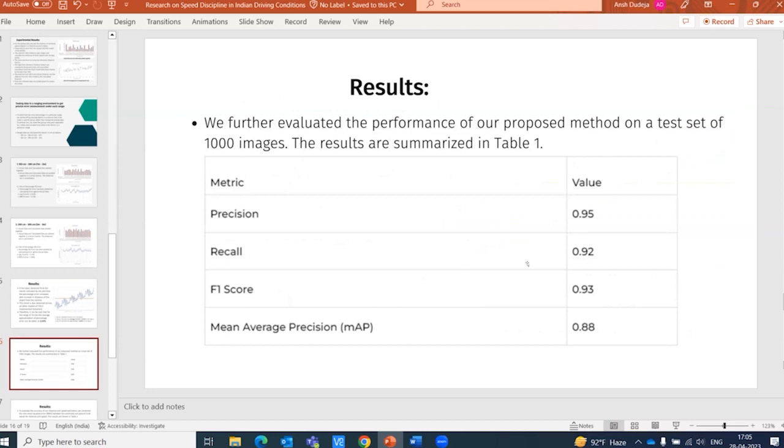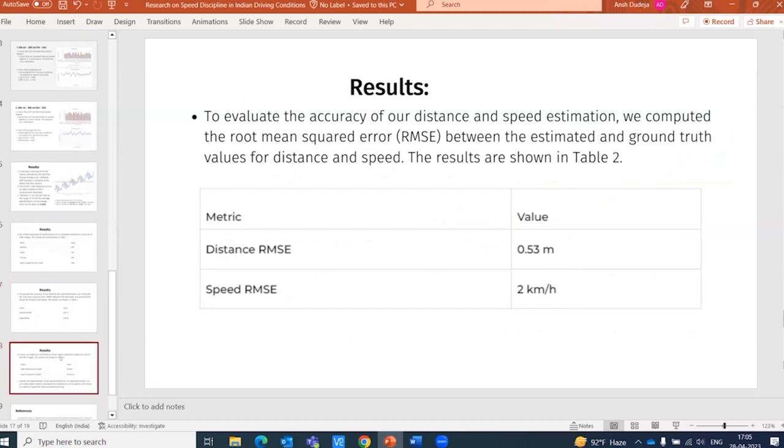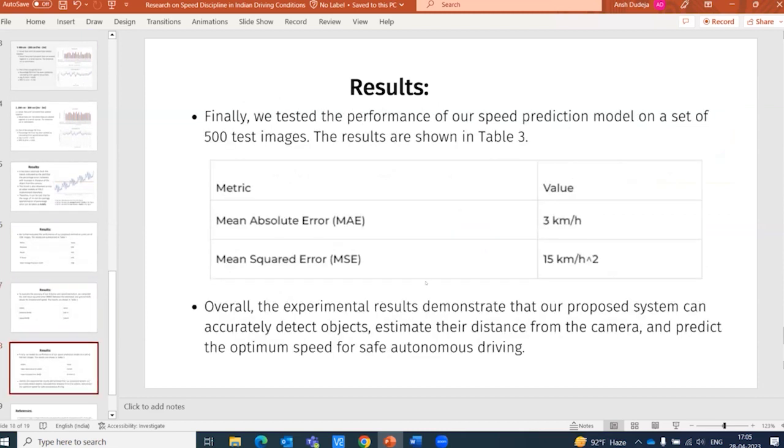These are the root mean square errors and average F1 score for the image classification. This is for distance estimation, and this is for speed estimation. Overall, the experimental results demonstrate that our proposed system can accurately detect objects, estimate their distance from the camera, and predict the optimum speed for safe autonomous driving.